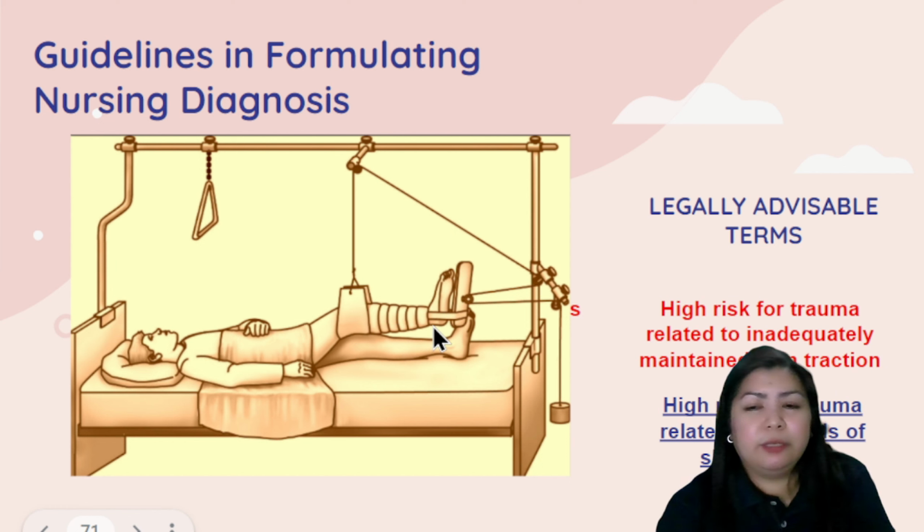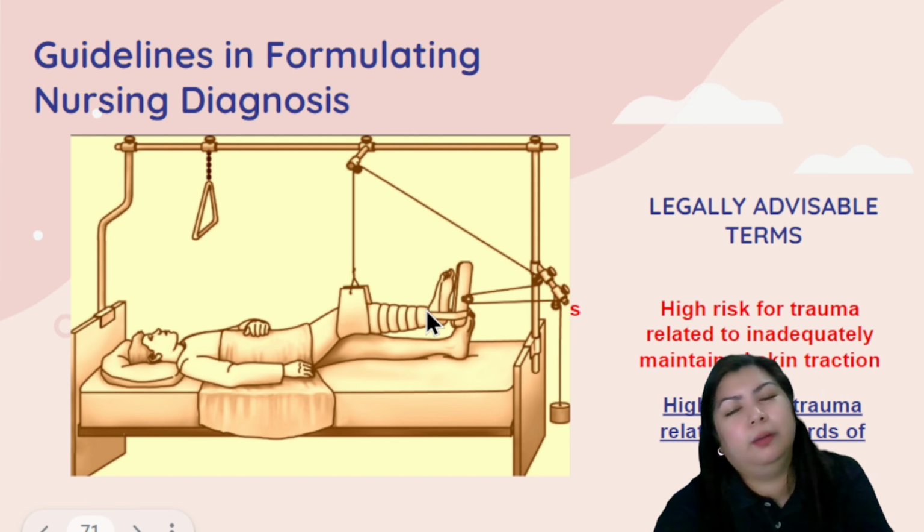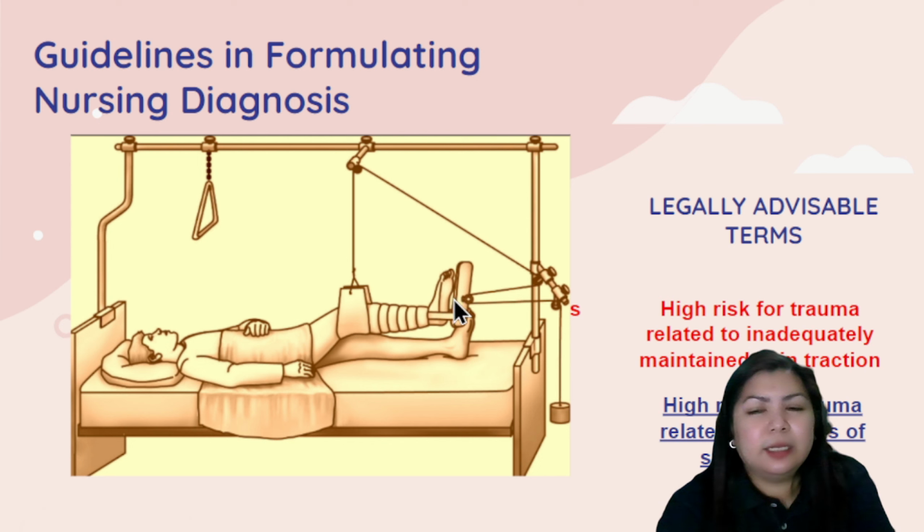If you take a look here, there is a bandage covering the lower leg of your patient. So that's having direct contact on the skin of your patient. And then it is being pulled here by a weight. So these weights maintain the alignment of the bones to facilitate faster healing.